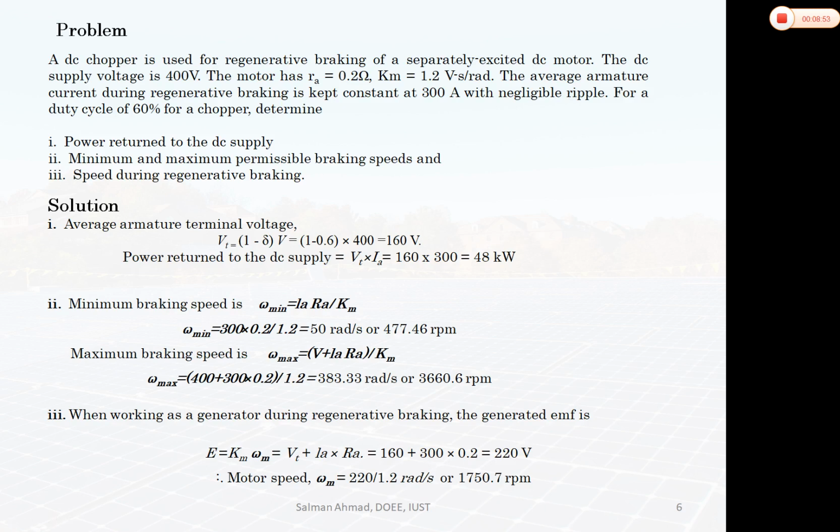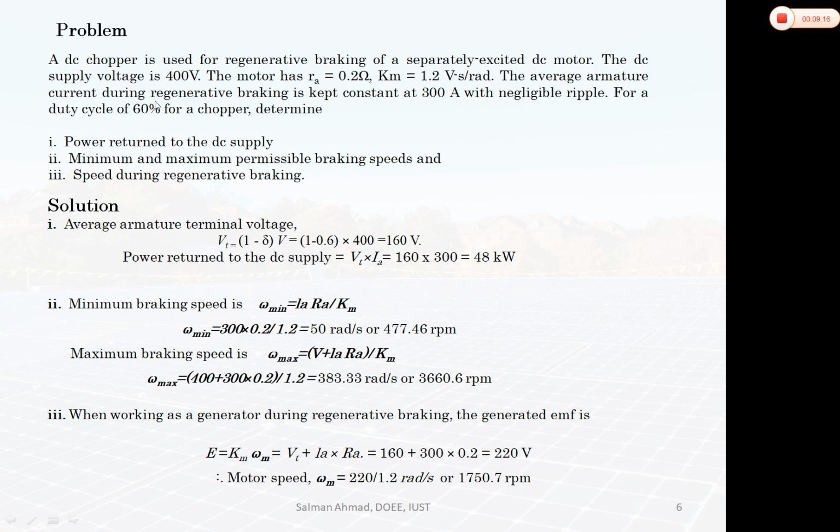So there is a problem, you can solve it. A DC chopper is used for regenerative braking of a separately excited DC motor. The DC supply voltage is 400 volt. The motor has armature resistance of 0.2 ohm. Constant is given 1.2 volt second per radian.